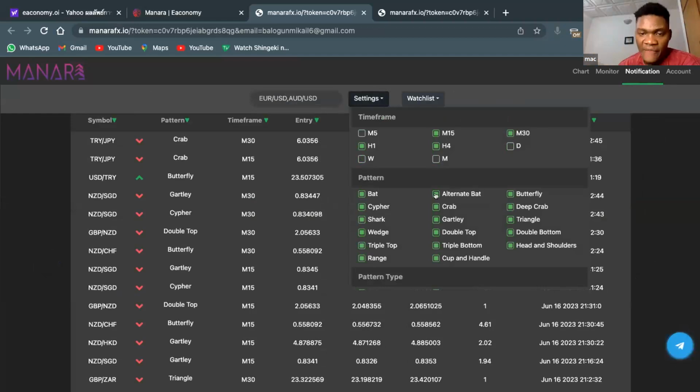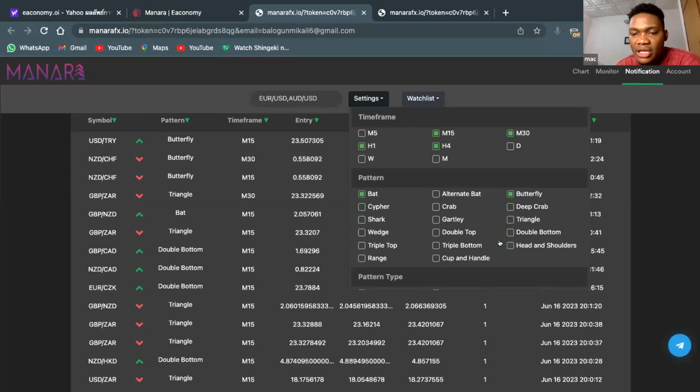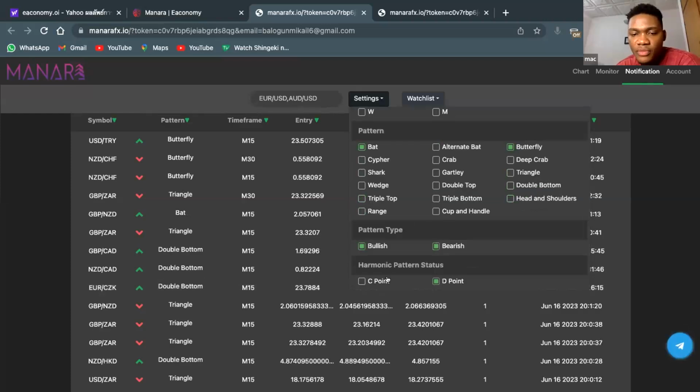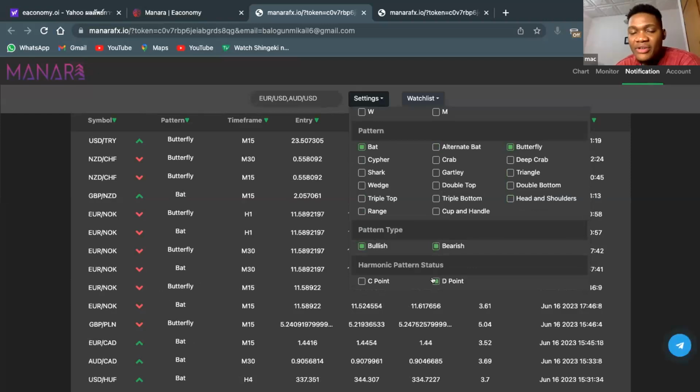After that, remember to remove everything apart from bats and butterfly. Those are the ones that will give you higher win rates, 85% win rates: bats and butterfly. The rest, not every time. Next, you can either leave it at point D or point C, but me, for instance, I remove everything.